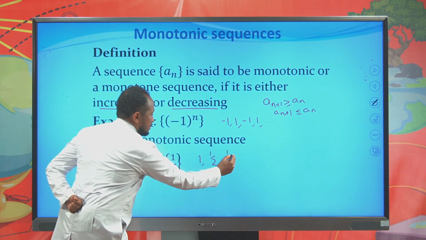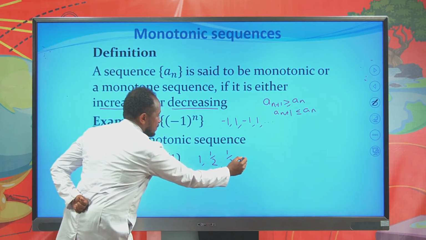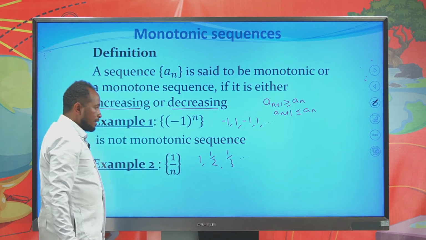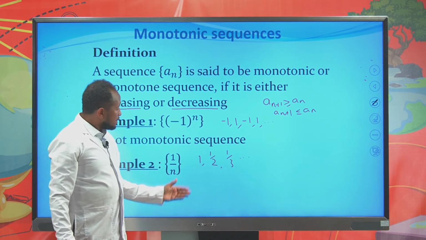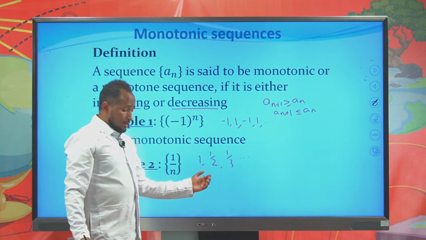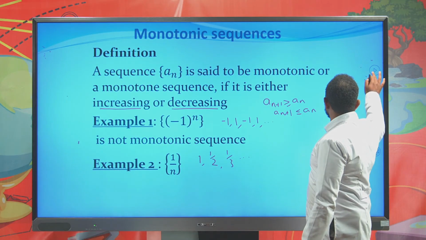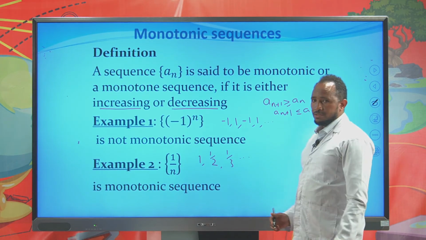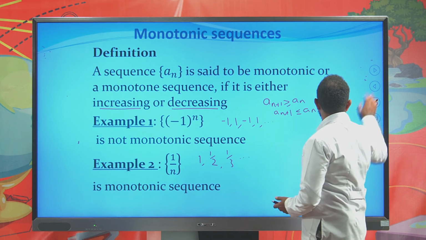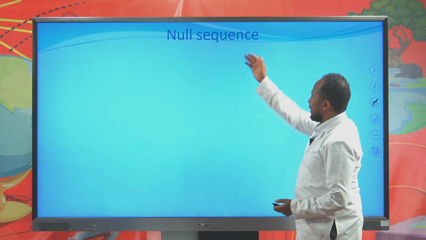The third term is 1 over 3. It goes on like this. As you can see, this sequence is a decreasing sequence. The terms are decreasing. Because of that, we call this a monotonic sequence. Okay, now let's continue to the other part.